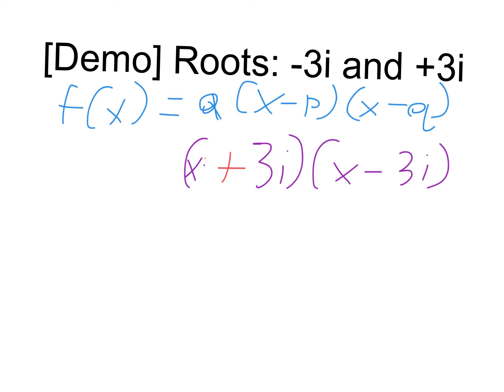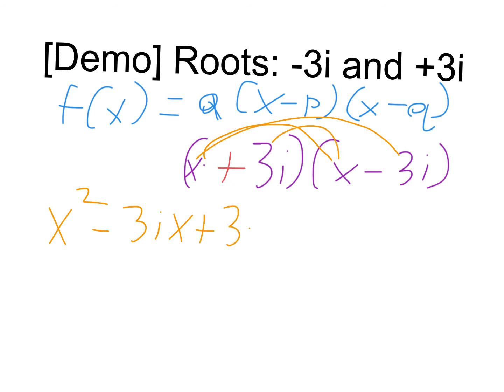Time to multiply. X times x is x squared. X times -3i is going to be -3ix. 3i times x, positive 3ix. Last terms, positive 3i times -3i, -9i squared. But that i squared has the same effect as being a -1.